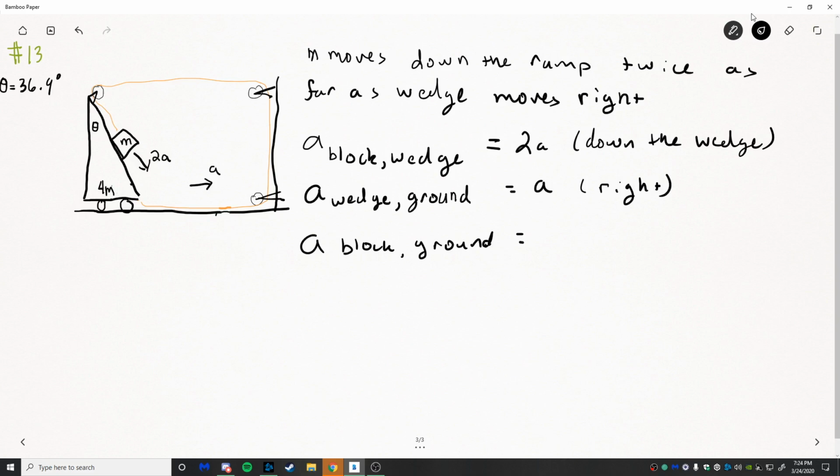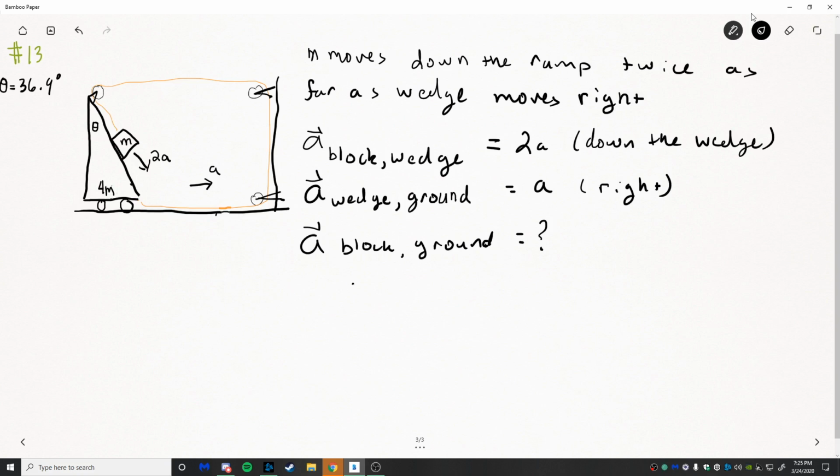When we discussed them, we found that if I know the acceleration of the block relative to the wedge, in this case 2a down the wedge, and I know the acceleration of the wedge relative to the ground, in this case a to the right, then to figure out the acceleration of the block relative to the ground, I simply need to add these vectors, right? This is technically a vector, and this is a vector as well, so to find the block relative to the ground, I need to add the vectors together.